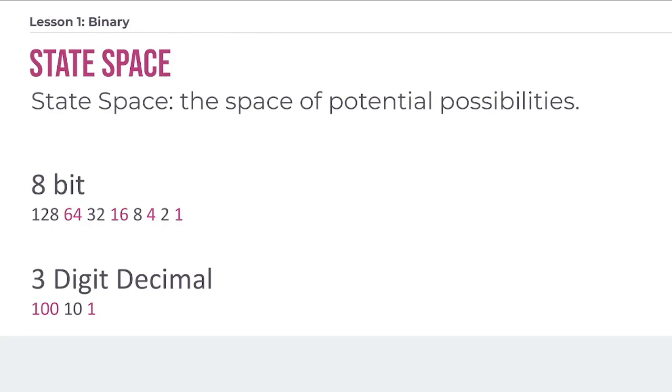With all of these systems, our decimal number system, the 8-bit system, and all the other number systems that we could use for binary, we see something called state space, or the space of potential possibilities. All right, and so in the 8-bit system, we saw that we had up to 255 or 256 distinct possibilities.